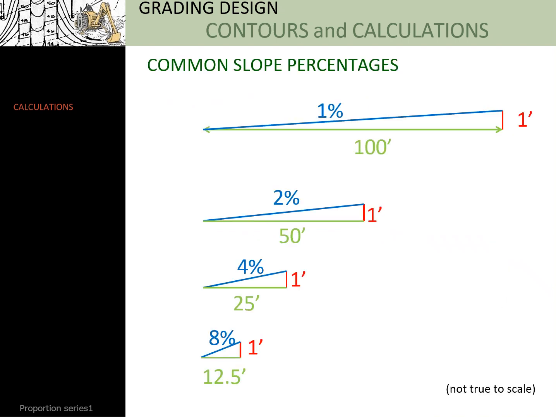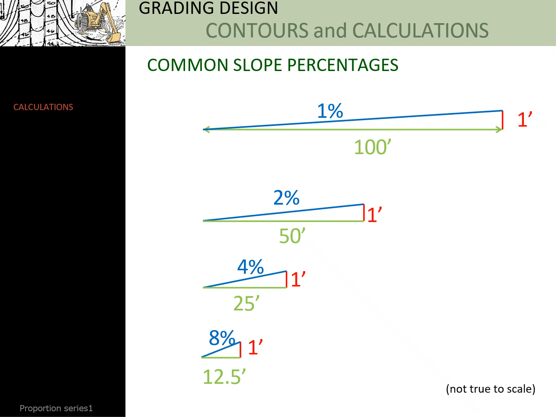Following on that, it's very important to develop the skill to identify and memorize common slope percentages and the slope triangles in your head. Suppose you have a plan with a contour interval of 1 foot. You should be very familiar with the common slopes and their contour spacings.